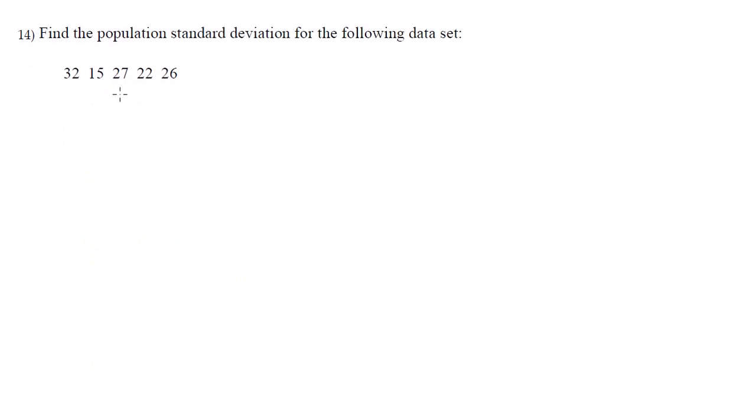So 14, find the population standard deviation. We'll do the same thing. We'll use the formula, and we'll also use the calculator. For this one, I'll just use the regular formula. That's the only one that they use in your book, so I'm just going to use the regular formula. Population standard deviation equals square root of the sum of the deviations from the mean.